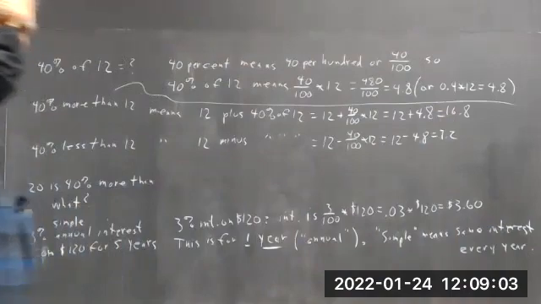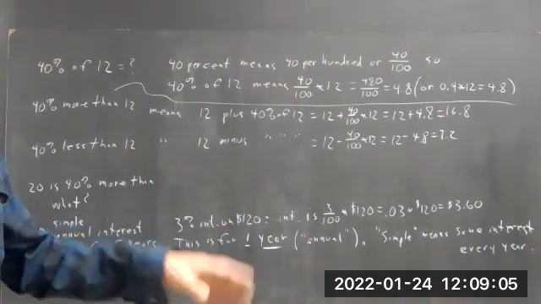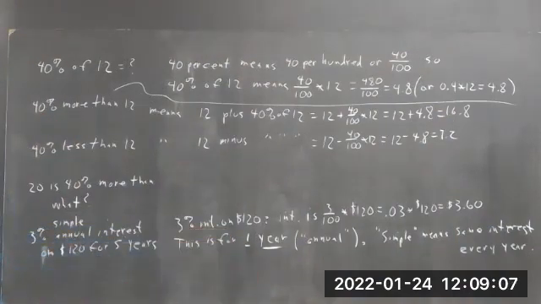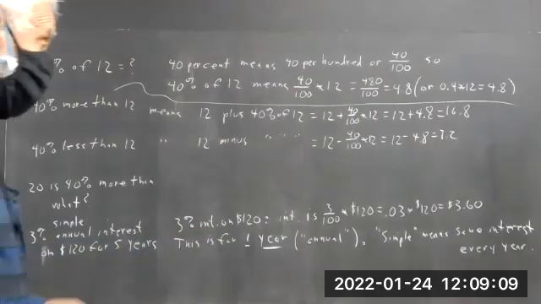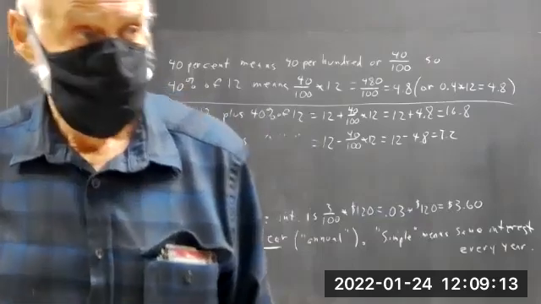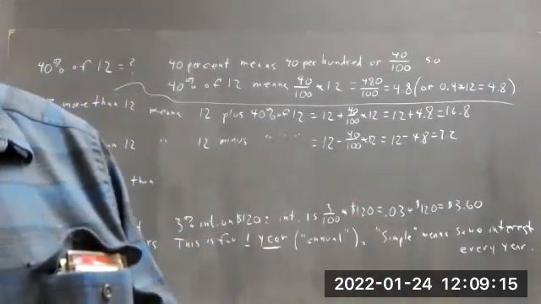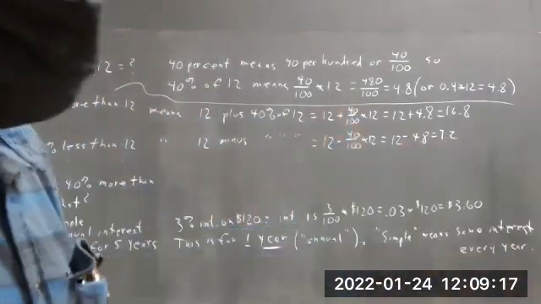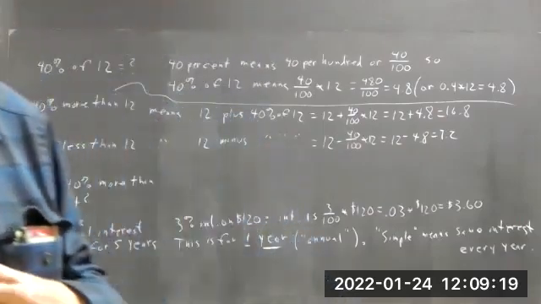Simple means the same interest every year. You've got to know that to calculate this, okay? So that means every year you pay $3.60 interest. That's unlike compound interest. And let me just do a blurb on compound interest because that's something everybody should know.